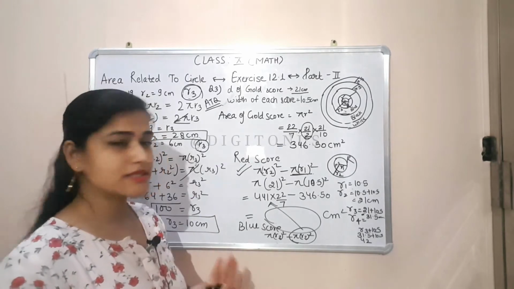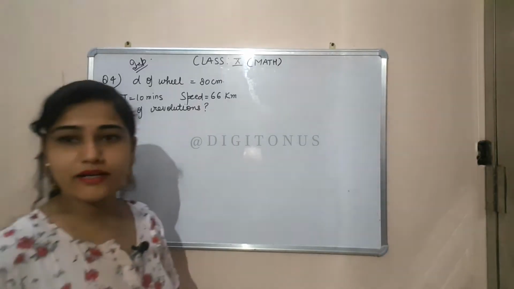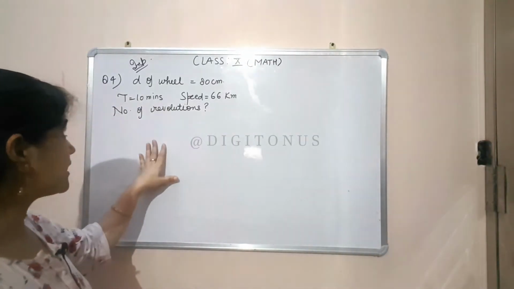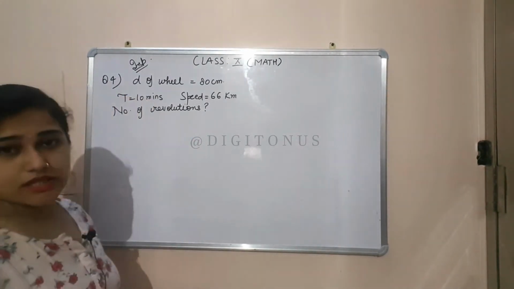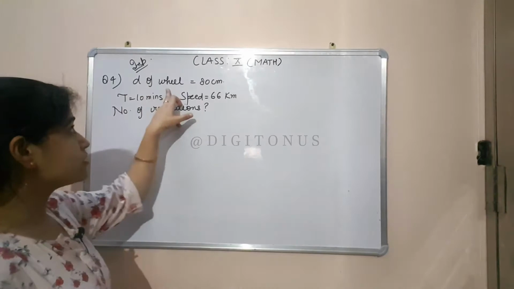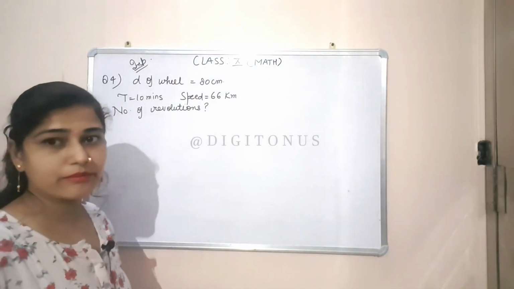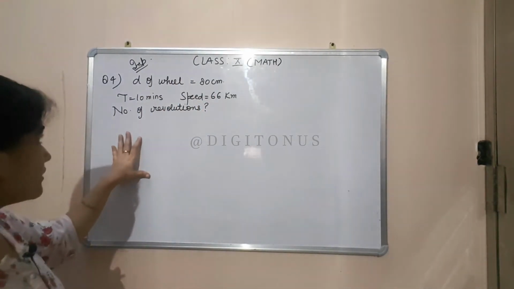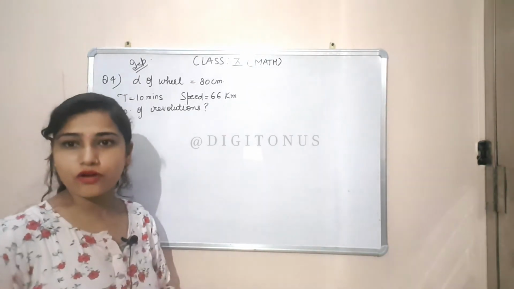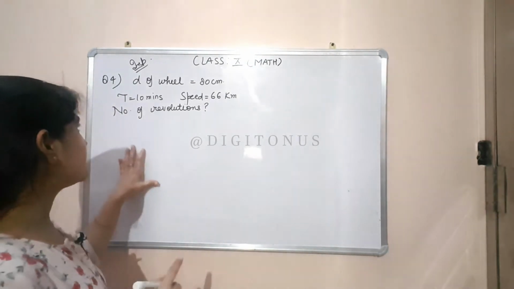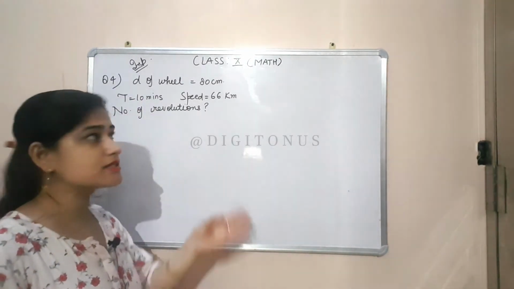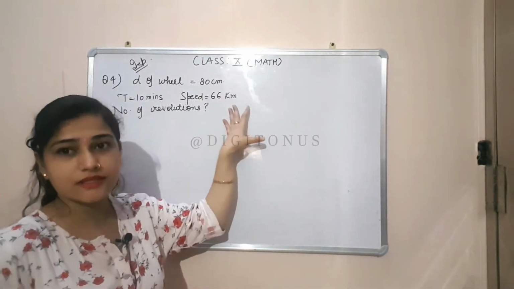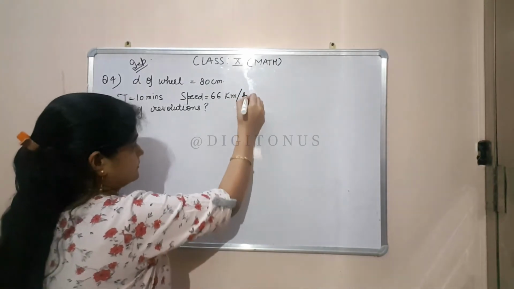I hope it's clear. So let's start question number 4 of this exercise, and this question is very important. In this question, the diameter of the wheel is given as 80 centimeter and they are asking how many revolutions each wheel takes in 10 minutes to cover the distance at a speed of 66 kilometer per hour.